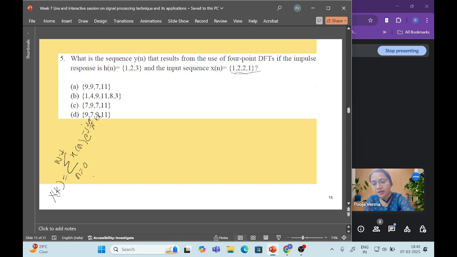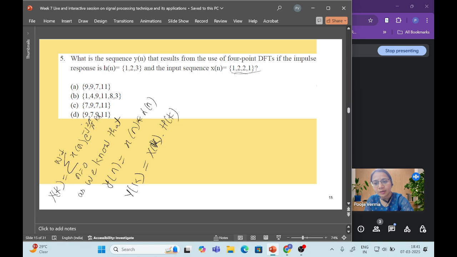So here, as we know from the DFT properties, convolution in the time domain, that is x of n convolved with h of n, becomes multiplication in the frequency domain. Simple. Okay, so already this we know, that x of k into h of k.